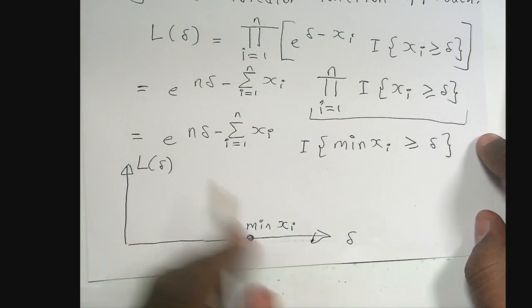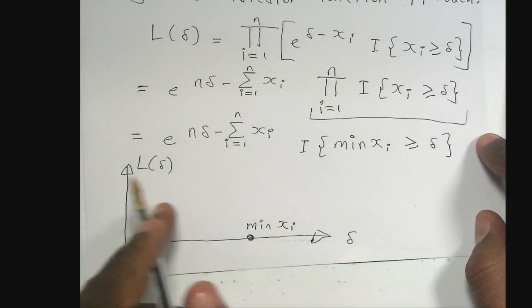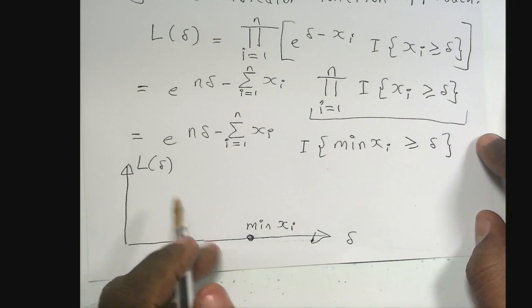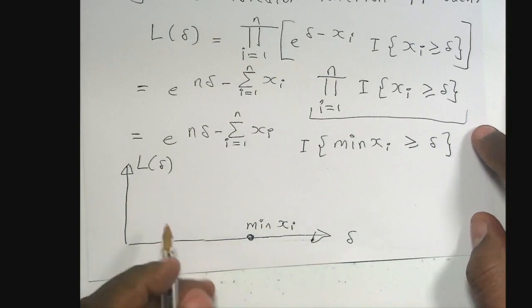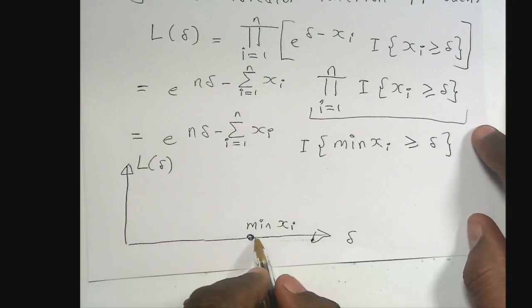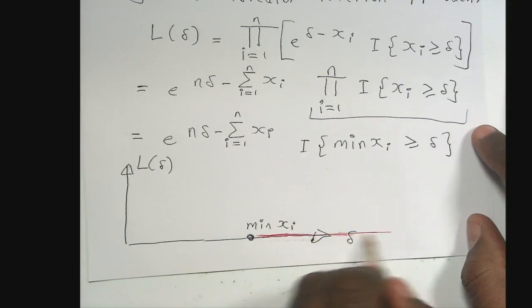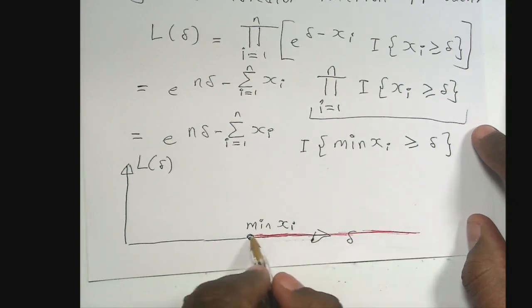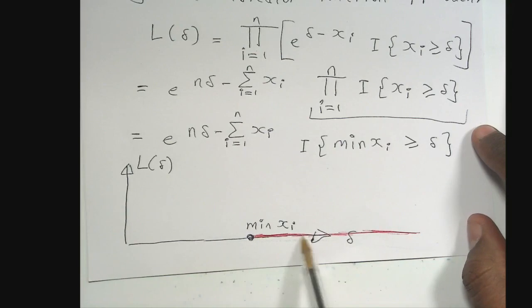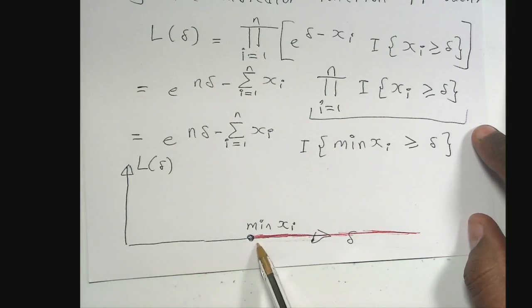How will it look like? It will be 0 on this side, yeah, because on this side your delta is greater than the min, right? Are you guys listening or what? On this side the delta is greater than the min.